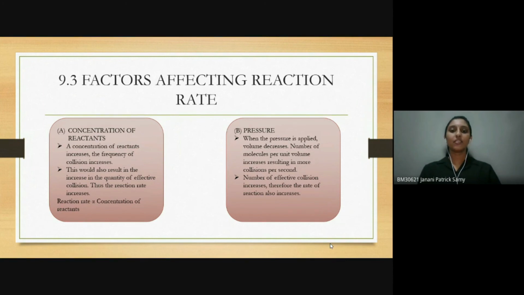The second factor is pressure. When the pressure is applied, the volume decreases, the number of molecules per unit volume increases, resulting in more collisions per second. The number of effective collisions increases, therefore the rate of reaction also increases.